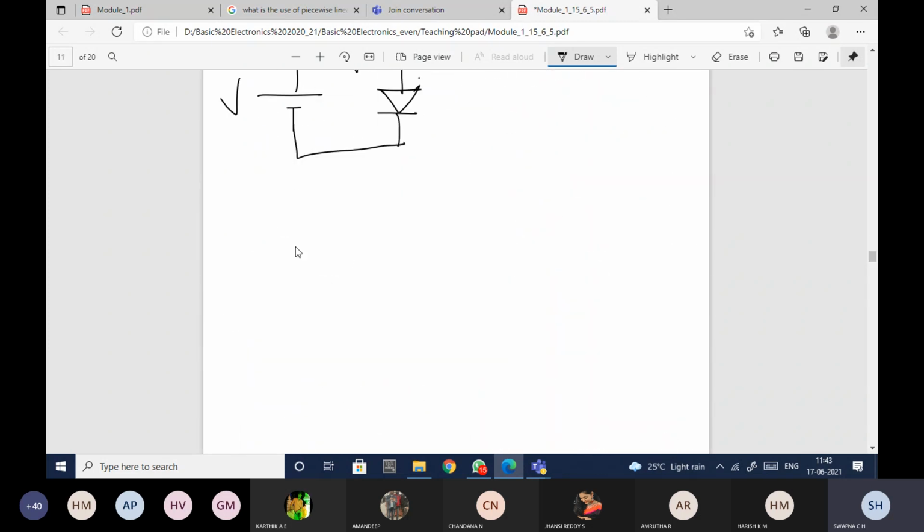If you recall, I have taken the dynamic resistance into account and also VF into account. VF is nothing but V gamma. So we will write the DC equivalent circuit of the diode as RD and VF, V gamma or VF, which is equal to 0.7 for silicon and 0.3 for germanium.